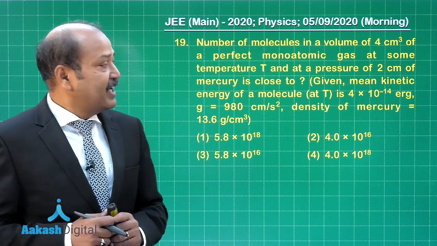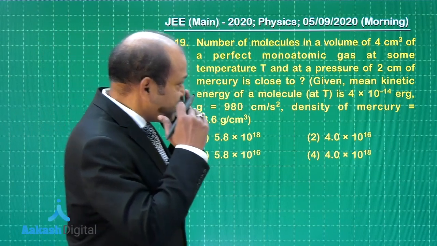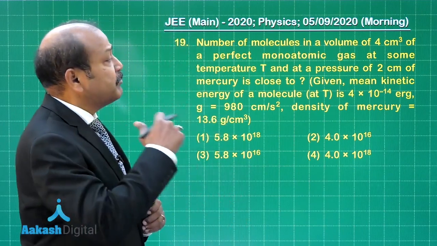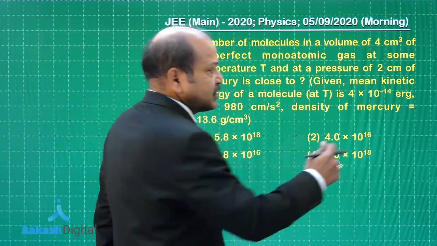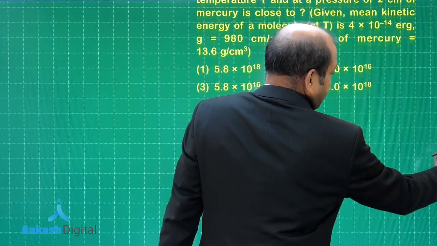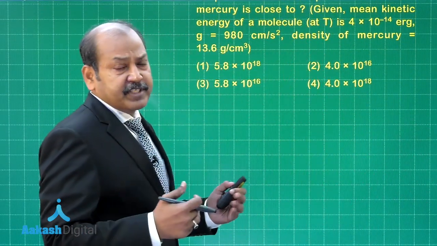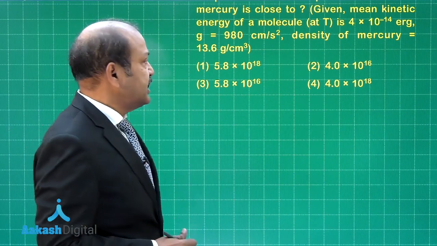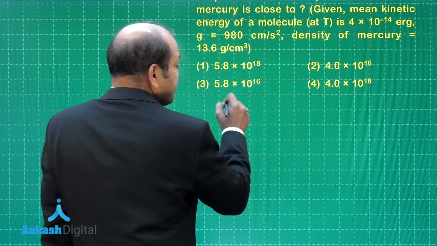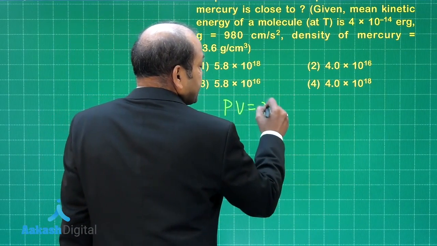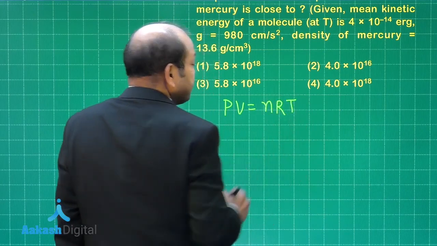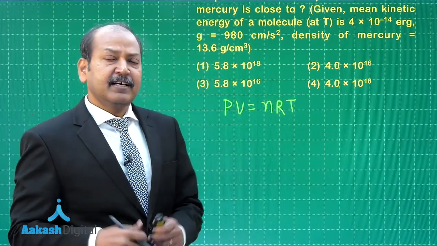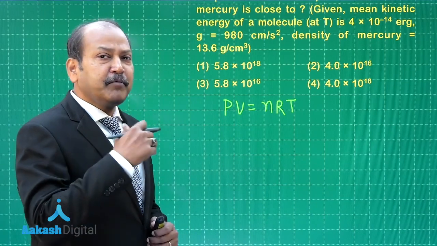Since we have to find the number of molecules, let us start with the ideal gas equation, the equation of state. PV is equal to nRT, but here n is the number of moles, so let us convert this into the number of molecules.